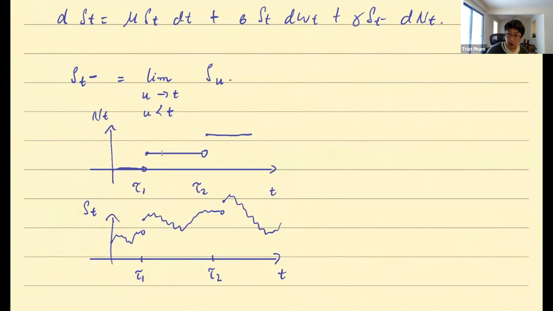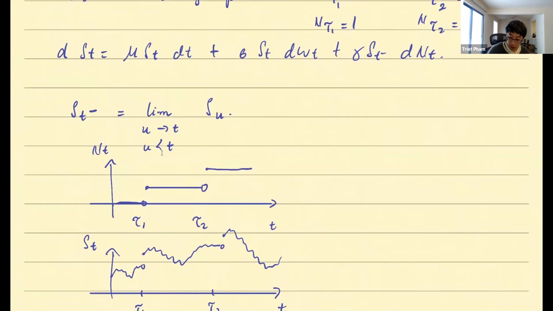So the incorporation of the Poisson process into the entire model means that when the Poisson process does not jump, the stock would just move like a Black-Scholes model. But at the jump point, the stock will also jump with a particular size.